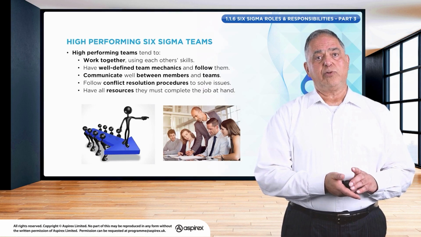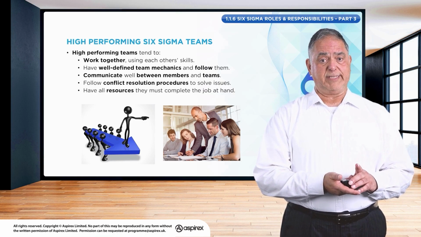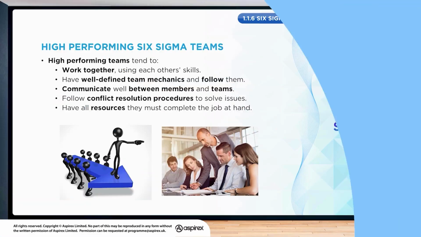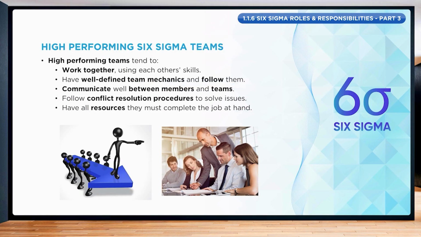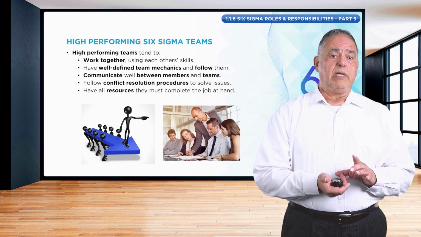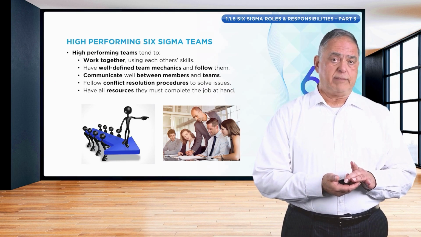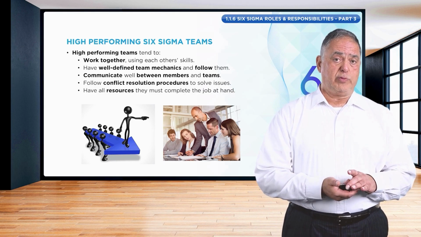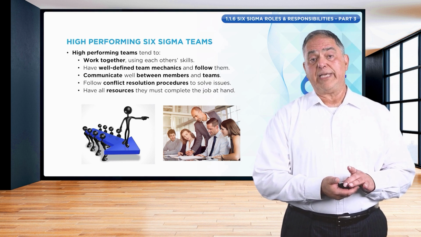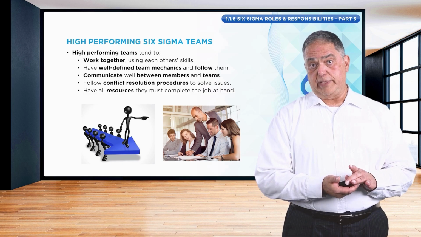Some characteristics of high-performing Six Sigma teams. Well, first of all, there's a lot of collaboration between the team members. And of course, this also means that team members are communicating effectively amongst each other. Well-defined team mechanics, which are the rules set up by the team that everybody follows and adheres to.